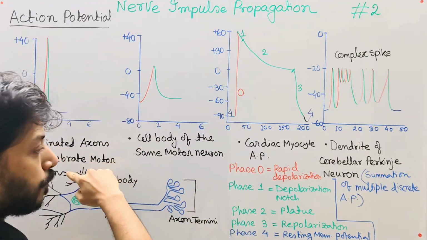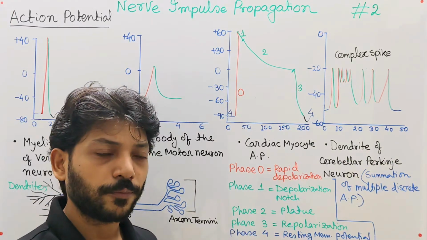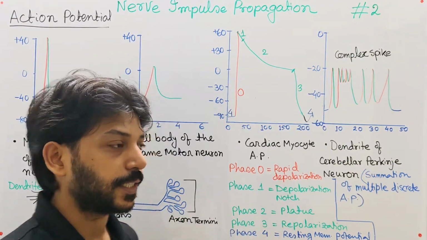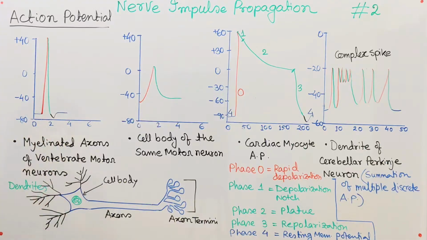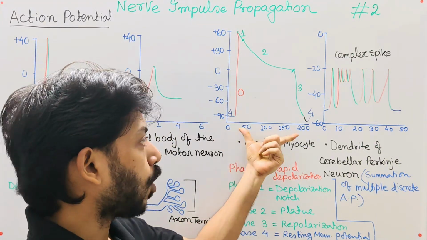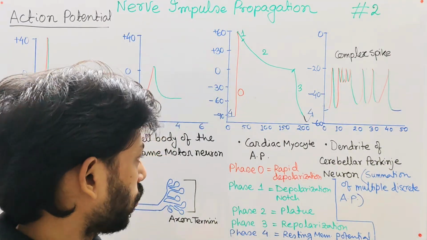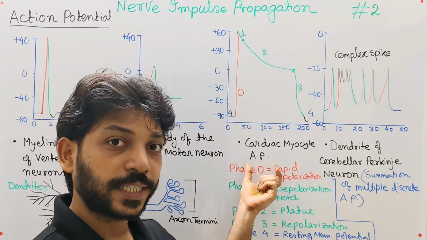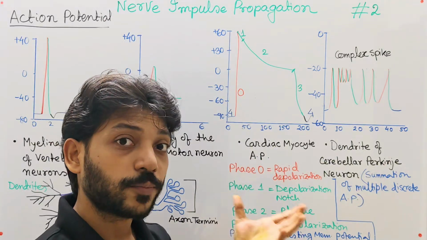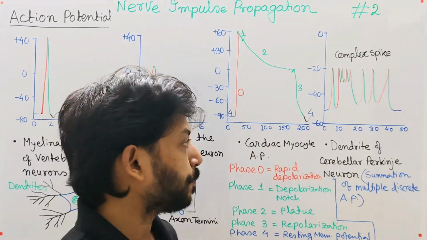Like in case of myelinated neurons, I have mentioned that it takes less than 1 millisecond, but in case of cardiac myocyte the action potential is longer. It can take 150 milliseconds to 200 milliseconds also. Now this longer action potential is important because it actually helps in the cardiac myocyte contraction.